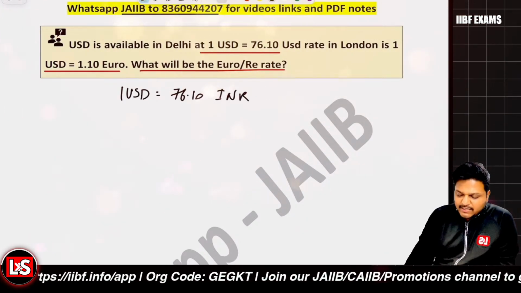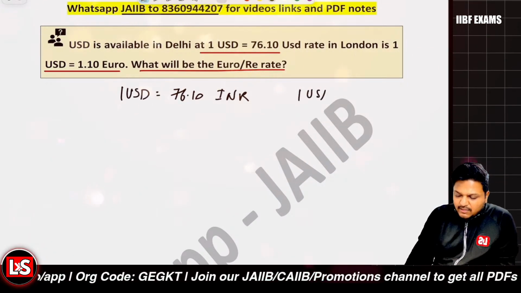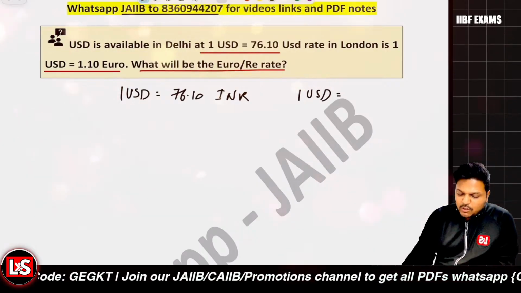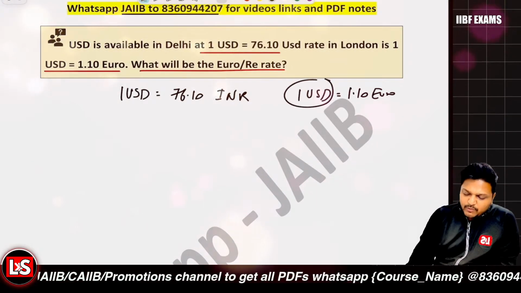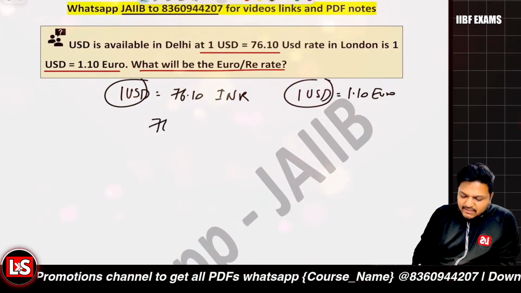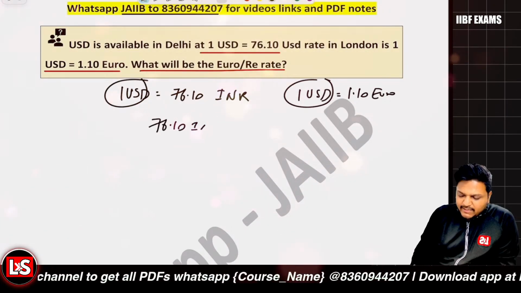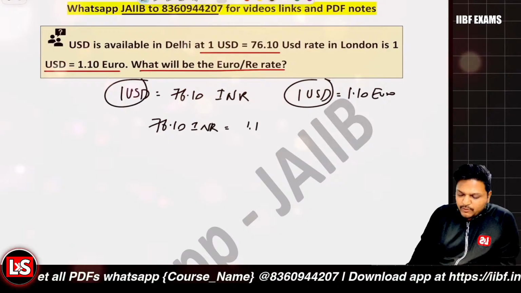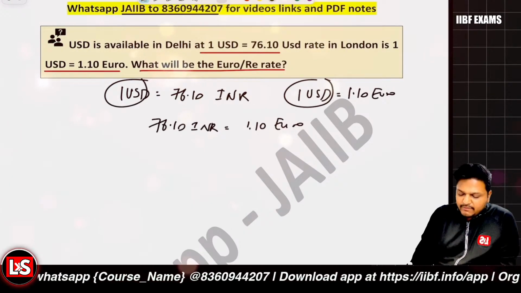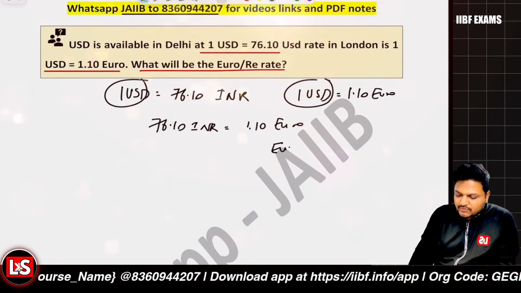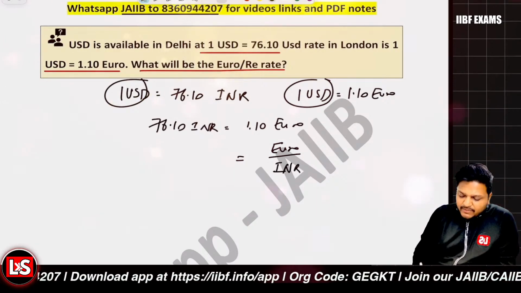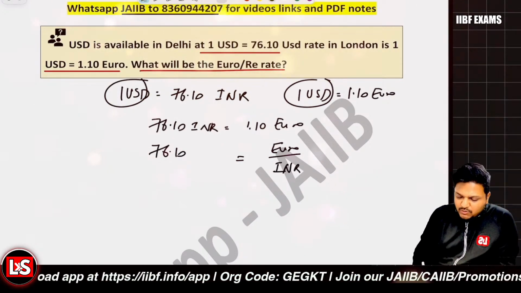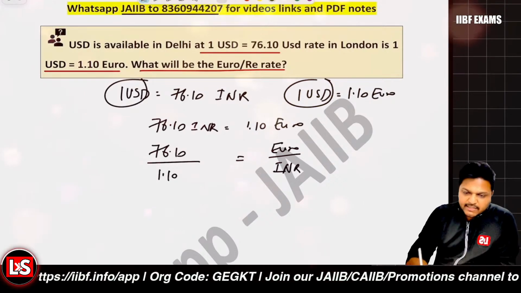And in the other scenario, we are given that 1 USD is equal to 1.10 euro. Now we just need to equate these two sides. That is 76.10 INR is equal to 1.10 euro. And we were to calculate the euro to INR rate. So euro divided by INR on one side and 76.10 divided by 1.10 on the other side.